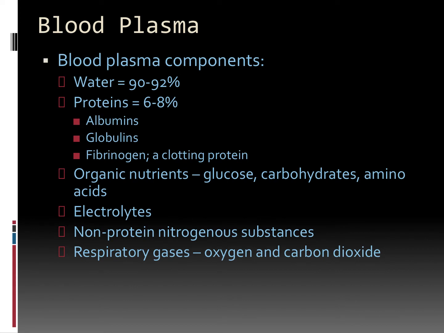Electrolytes, so the salts that we talked about. Non-protein nitrogenous substances, so that could be waste from amino acid breakdown, for instance, or nitrogen gas. And then respiratory gases, oxygen and carbon dioxide. Mostly they're carried in the red blood cells, but there can be some dissolved oxygen or dissolved carbon dioxide as well.